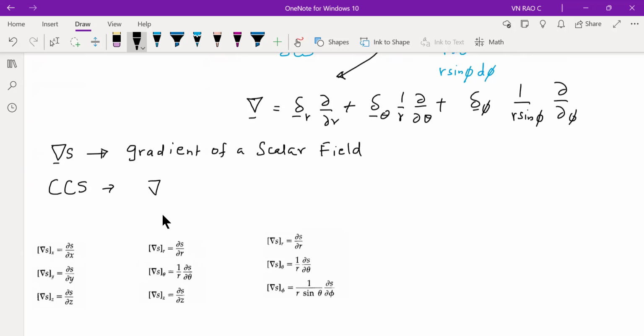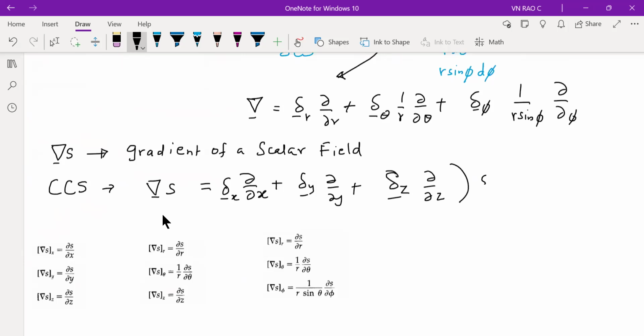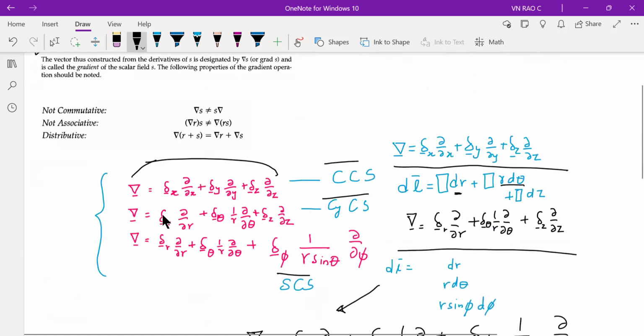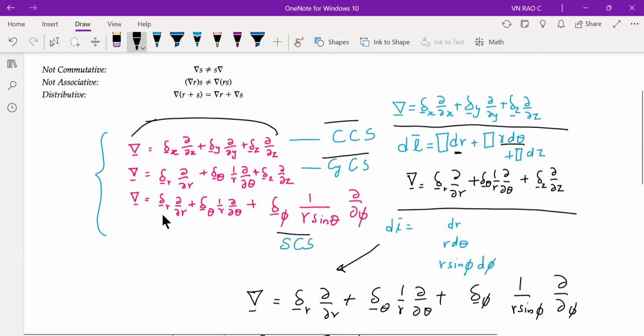So if I say del s, we can write it as dou by dou x delta x plus delta y dou by dou y plus delta z dou by dou z, in brackets. So what will happen directly? It is by definition the derivatives of s.